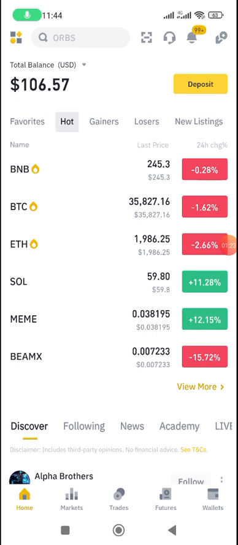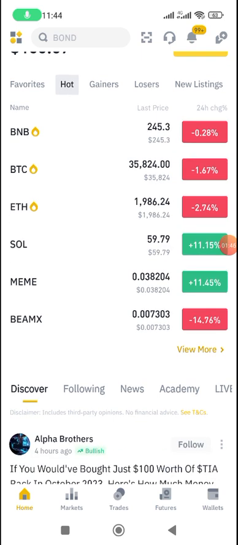Either you go with SEPA or card deposit. Card deposit appears instantly, but it has 1.8% fees. Now the arbitrage is that if you use SEPA transfer, you're not going to be charged any fees.